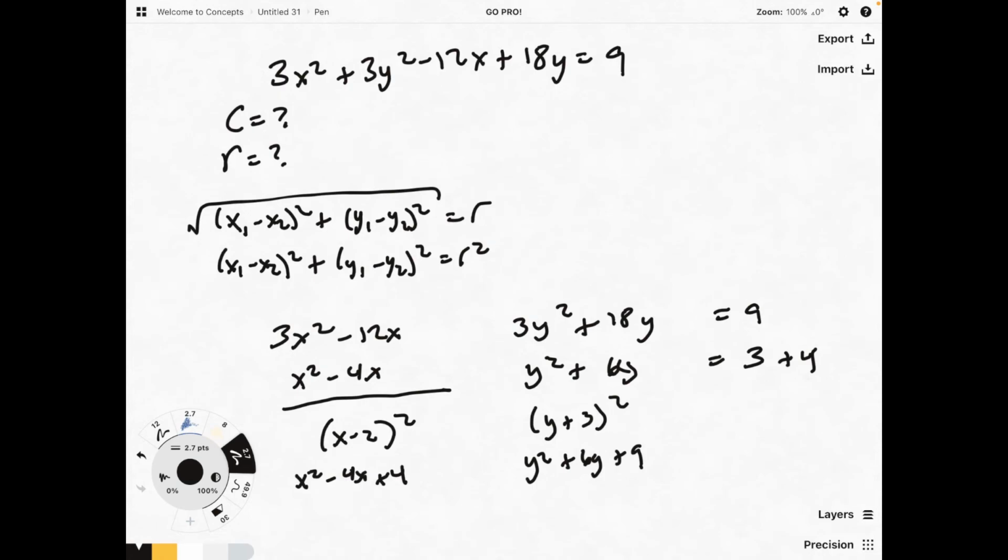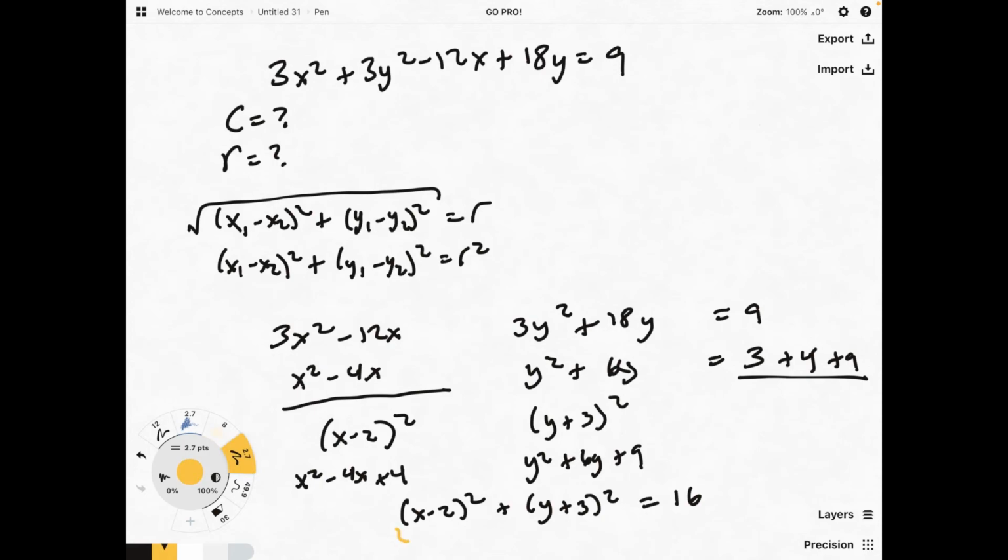So we also need to add a 9 to the other side. When we simplify, we are left with (x − 2)² + (y + 3)² equals, adding these values up, 16.